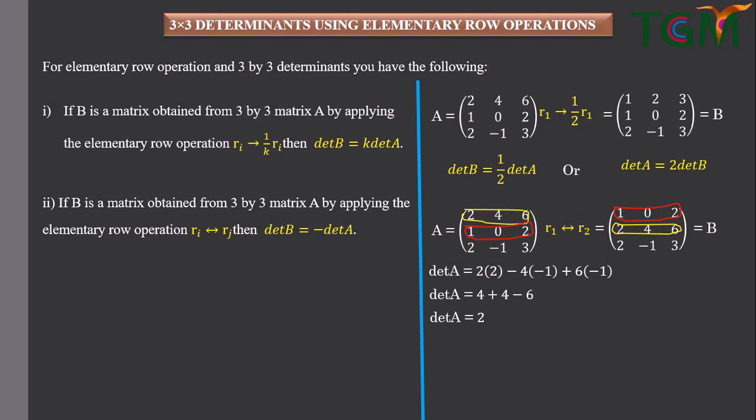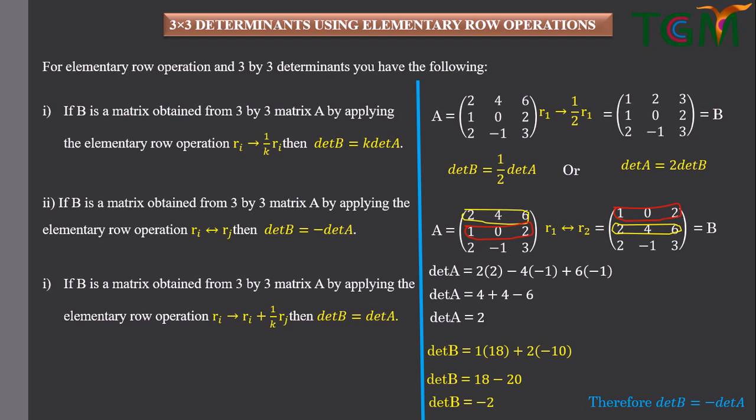Let's find the determinant of B. The determinant of B is giving us negative 2. So if the determinant of B should be equal to the determinant of A, then we have to multiply by negative the determinant of A. Therefore, determinant B should be equal to the negative determinant A.